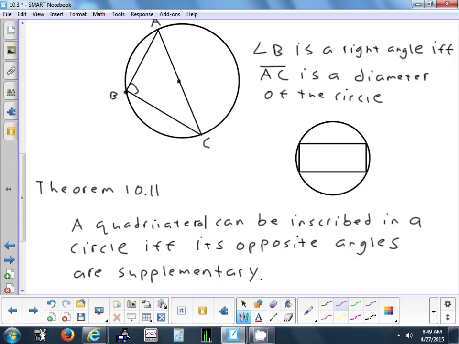Let's try it, see what happens. The main thing that has to happen, if you want to draw a quadrilateral in a circle, is opposite angles have to add up to 180. If they don't add up to 180, you won't be able to draw a circle going through your 4 points.